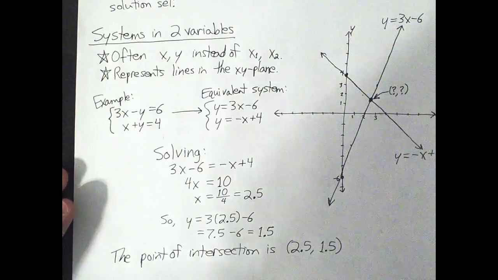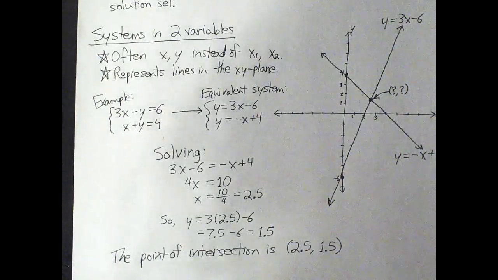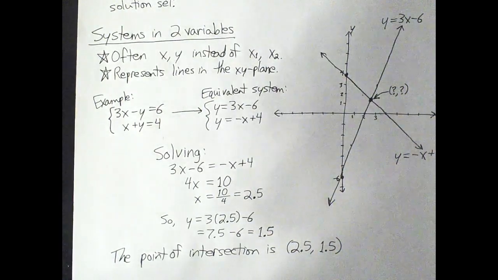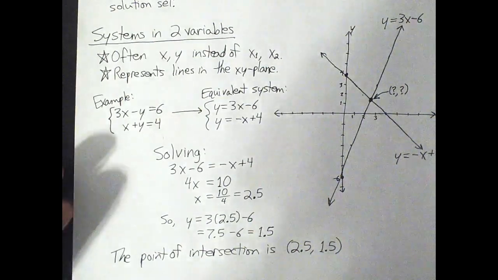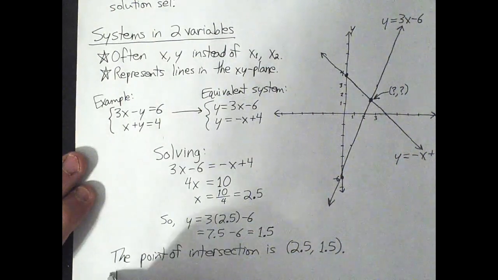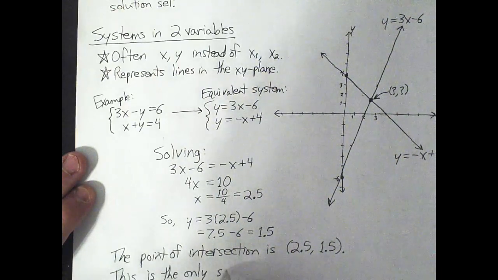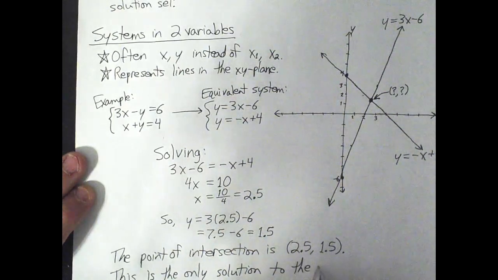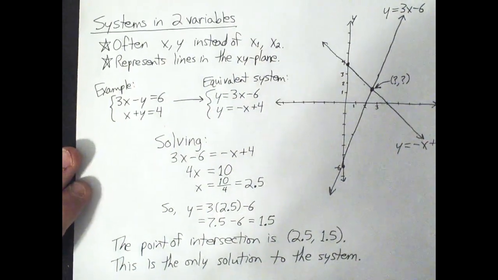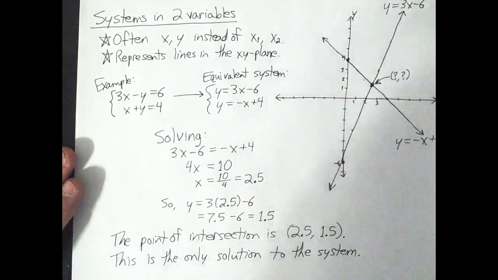We found that algebraically, and it also agrees with what we see graphically. And I will say that this is the only solution to the system. It's the only place where those two lines intersect.